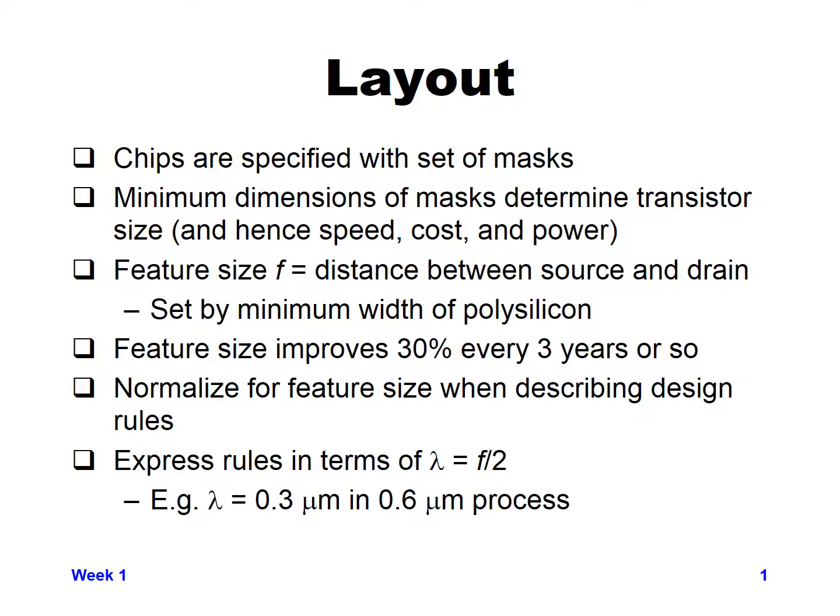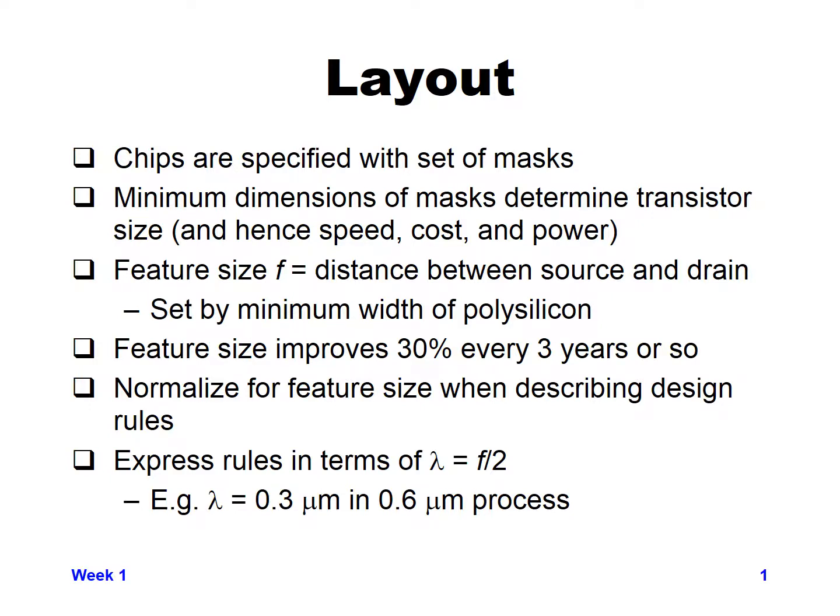And in general, the smaller the size, the faster the speed of the transistor will be and the lower the cost, because the more transistors we can get on a given wafer, it tends to be lower cost. And if we're not increasing the frequency, generally as we reduce the size of the transistors, we can wind up with lower power as well.